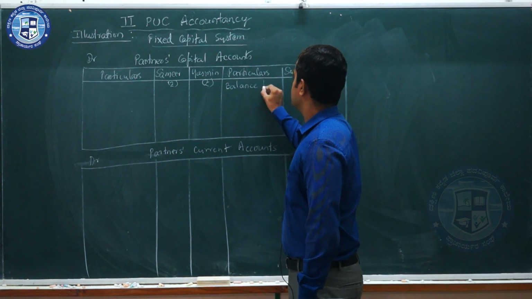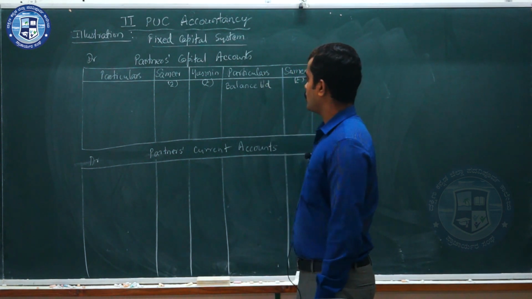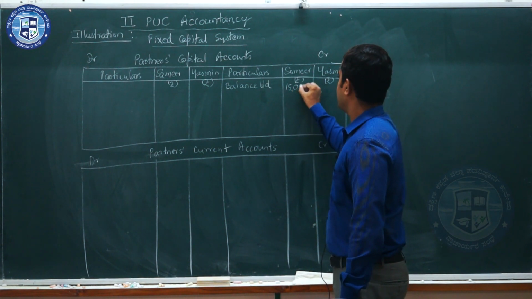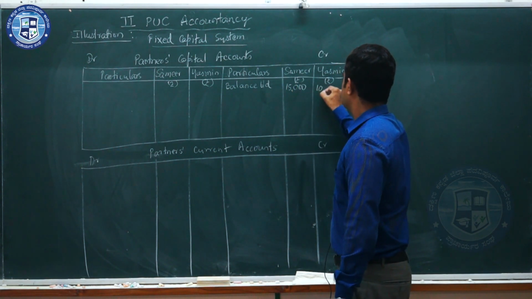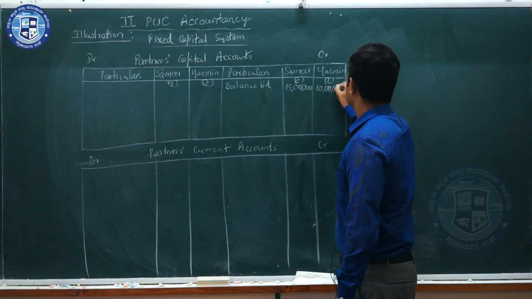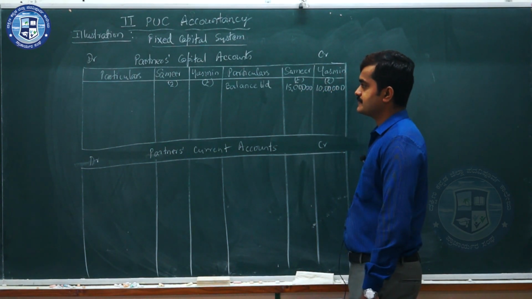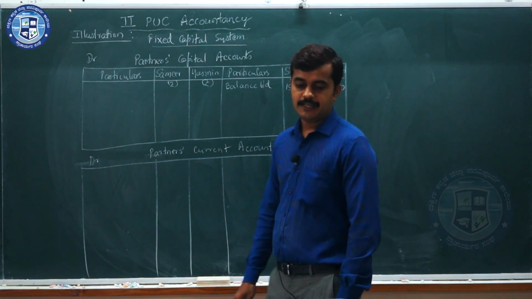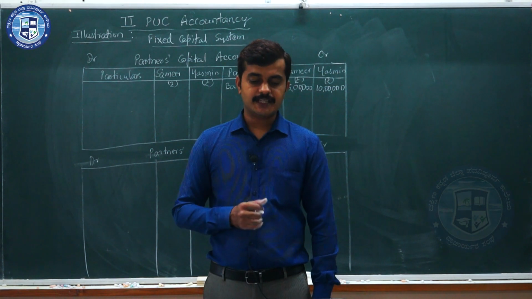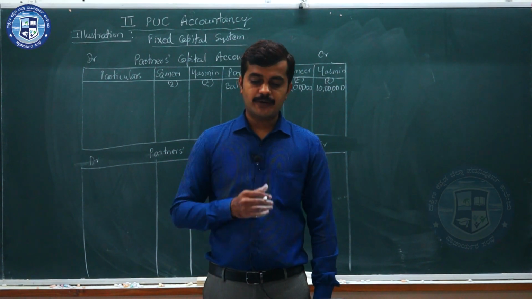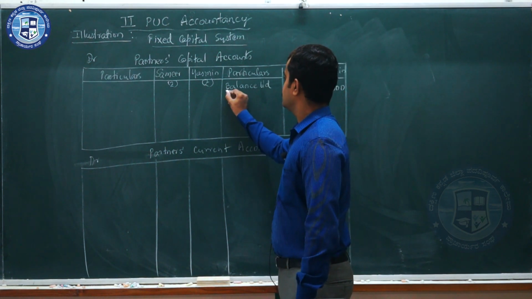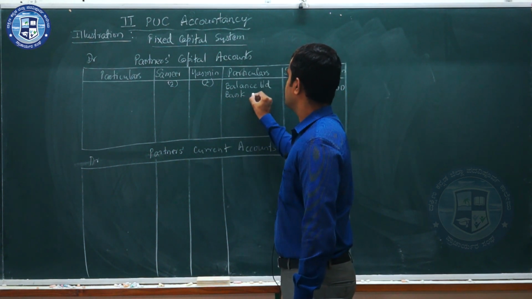Balance brought down: Samir 15 lakh, Yasmin 10 lakh. Next, on July 1st, 2014, they have contributed additional capital. So that we have to record on the credit side as bank account.